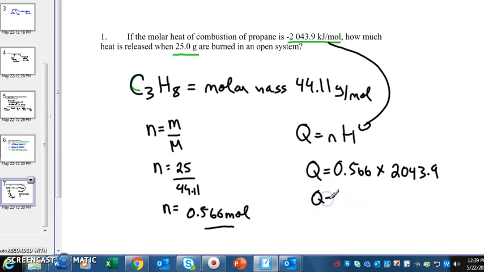And so finalizing this off, you're going to multiply by 2043.9. That means 1,158.4 kilojoules of energy are released.